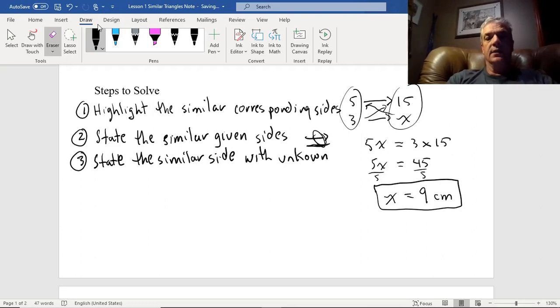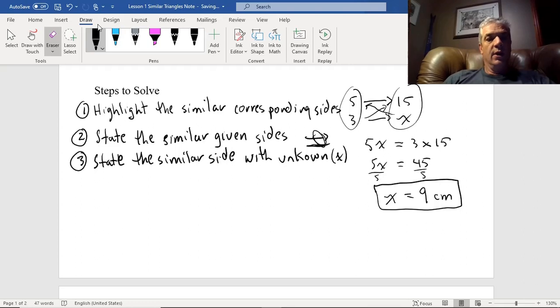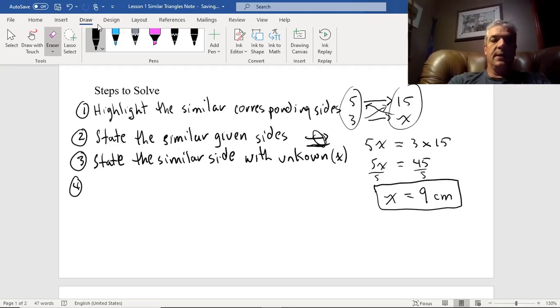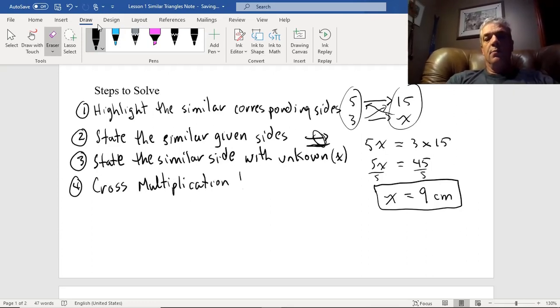So our x, unknown would be your x or whatever letter they're using. Then we use cross multiplication to create an equation. Cross multiplication, right, to make an equation.